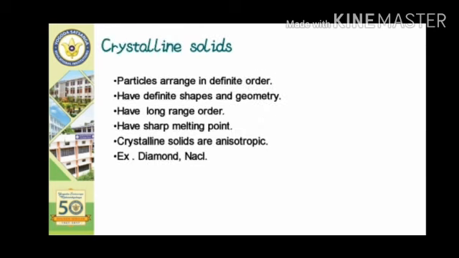Crystalline solids. In crystalline solids, constituent particles are arranged in a definite order. As a result, crystalline solids have definite shape, geometry, and sharp melting point. Crystalline solids are anisotropic, that is, they do not have the same physical properties in all directions.